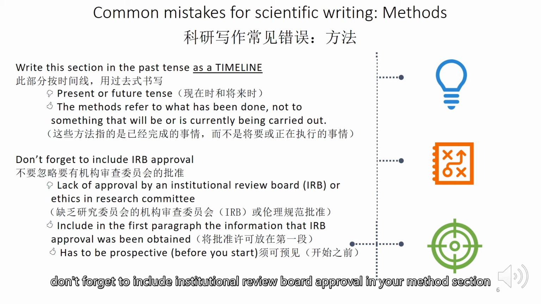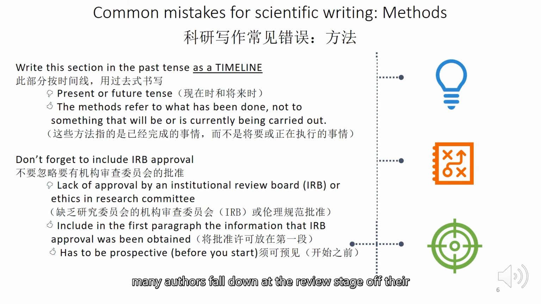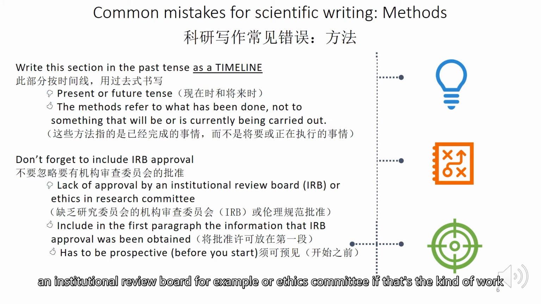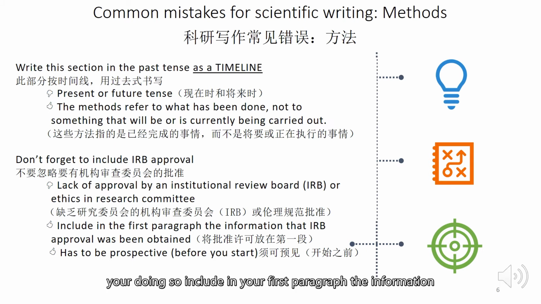Don't forget to include institutional review board approval in your methods section. Many authors fall down at the review stage of their articles by not providing adequate information about the approvals they have for their study. So, you will fail to pass peer review if you don't have approval by an institutional review board, for example, or ethics committee if that's the kind of work you're doing.